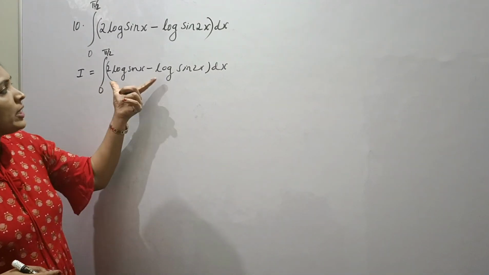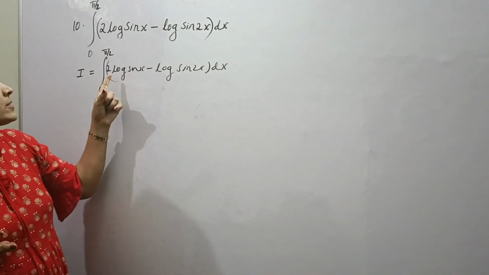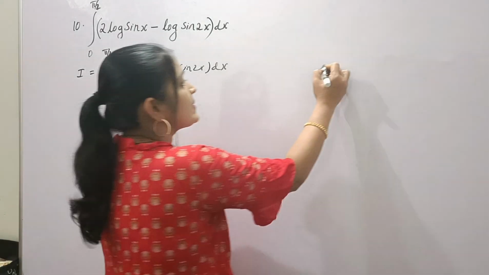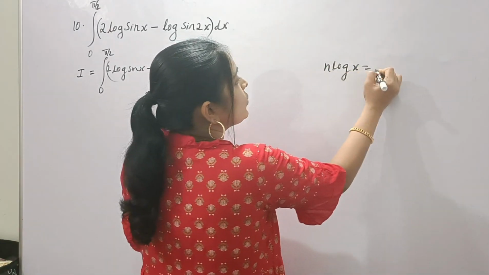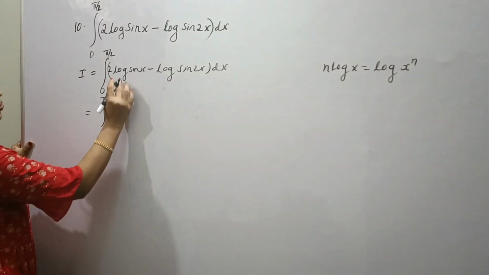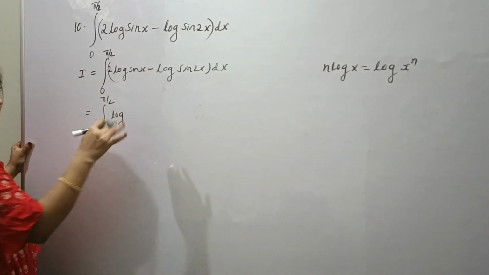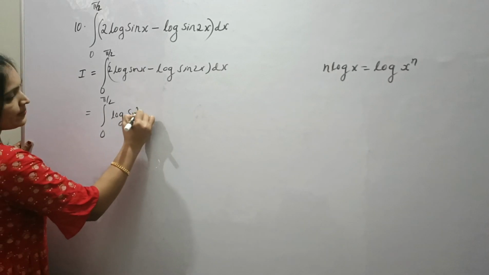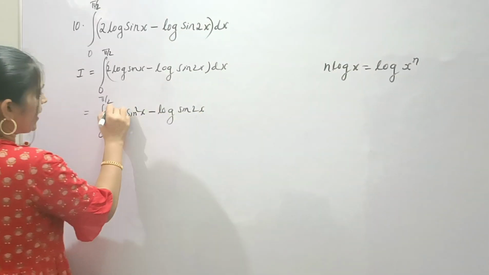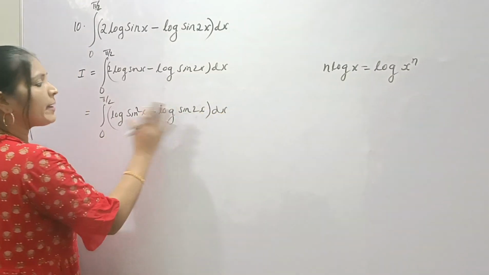Before applying the property, let's apply logarithmic rules. Here it's of the form n log x. What is n log x? N log x is equal to log x raised to n, right? So we can write it as integral 0 to pi by 2 log of sin x whole square, that is sin square x, minus log sin 2x. Again it's of the form log x minus log y.